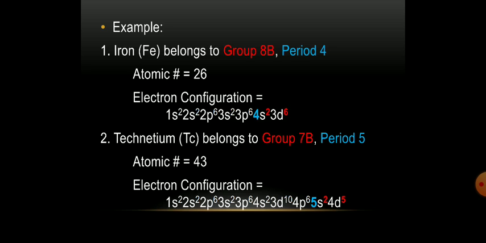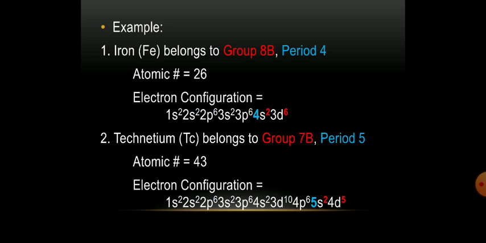Students, first of all we will consider iron, which has atomic number 26 and belongs to group 8B and period 4. Let us go into detail about the electronic configuration of iron. The valence electronic configuration is 4s2 3d6. This is the d6 case.